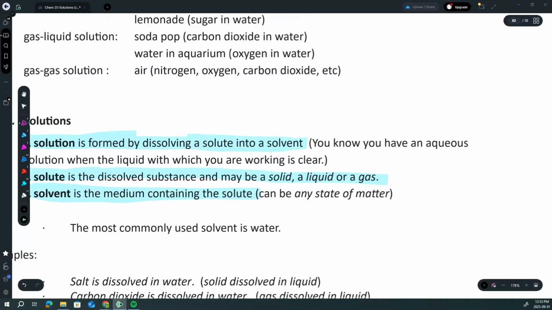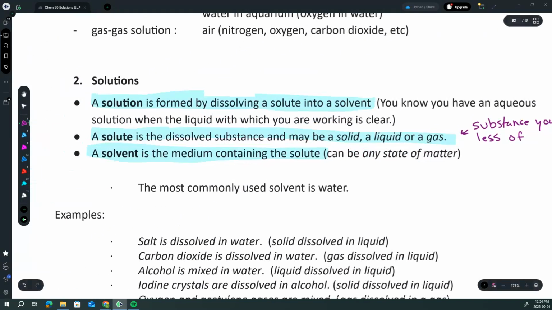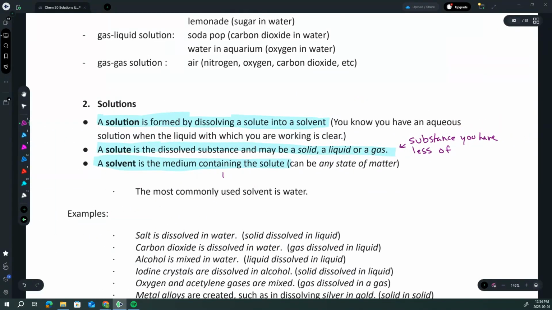Now, let's write down what I said as some notes. Substance you have less of. Substance you have more of.